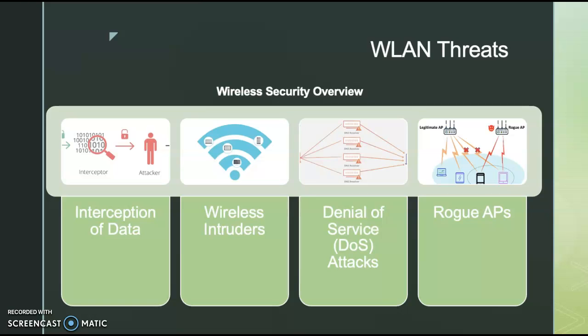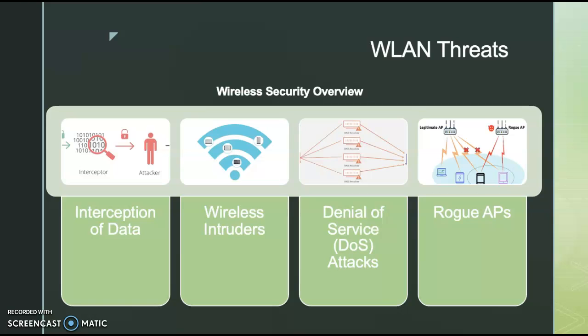Interception of data means wireless data should be encrypted to prevent it from being read by eavesdroppers. Wireless intruders are unauthorized users attempting to access network resources, which can be deterred through effective authentication techniques. These are things like passwords and usernames, things that we're used to on a day-to-day basis.